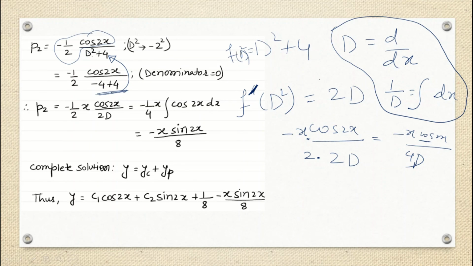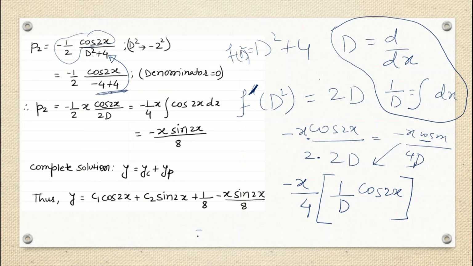Okay, so here what I am going to do, this step I am going to write down minus x by 4, like this one, minus x by 4, I'm just taking outside. And what I'm going to do? 1 by d of cos 2x. Okay, so this way I can write down. So then what does it mean?